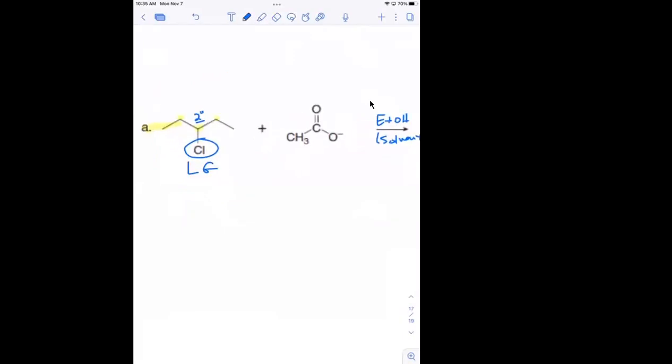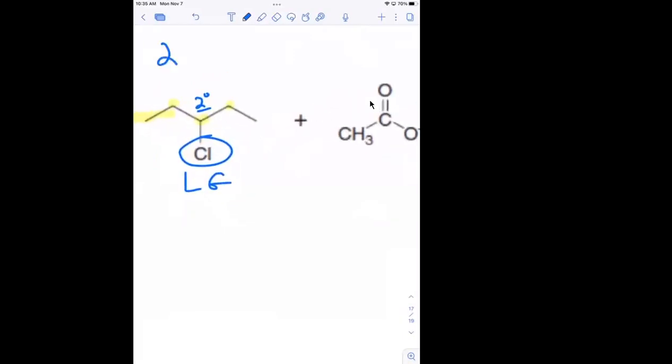So the fact that this is a secondary carbon, they can do both. Right, the difference usually comes down to the solvent, whether it's protic or aprotic. If it's a protic solvent, then more than likely it's going to be an SN1. If it's an aprotic solvent, it's going to be SN2.